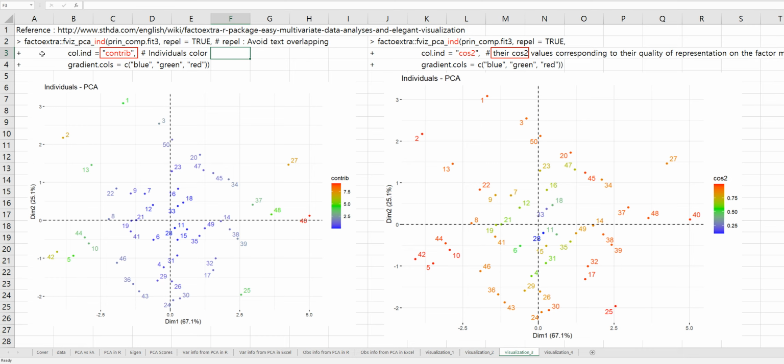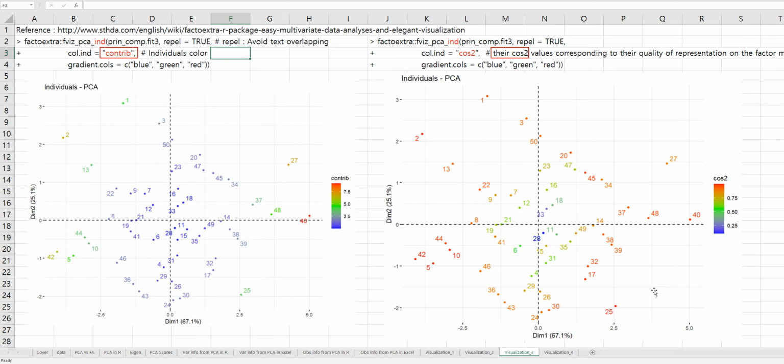There is also a very practical library, factoextra. So you can draw this kind of principal component analysis with colored outputs. If it shows a higher contribution, then it will be located outside of the graph. But if contribution is relatively low, then it will be located in the middle of the graph.